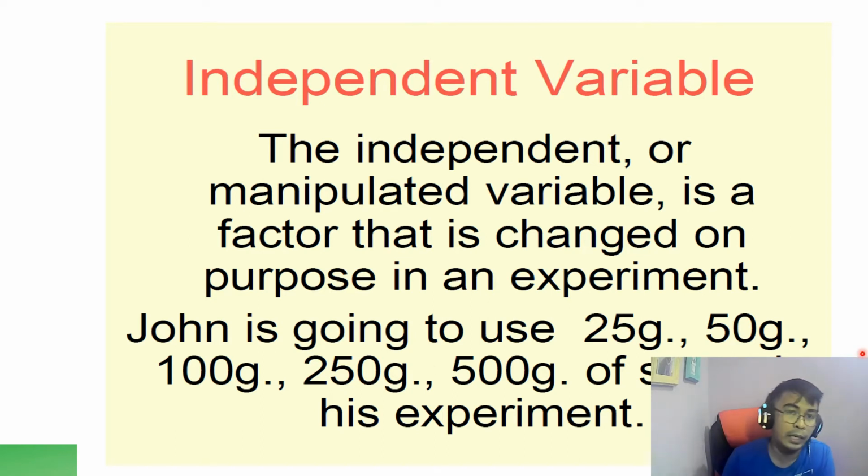So in this case, the independent variable is the amount of sugar, because the amount of sugar is a variable that can be manipulated. It's a variable that can be changed on purpose in an experiment.